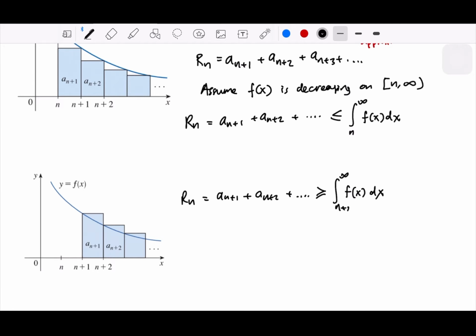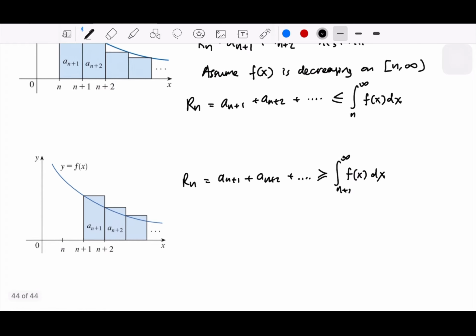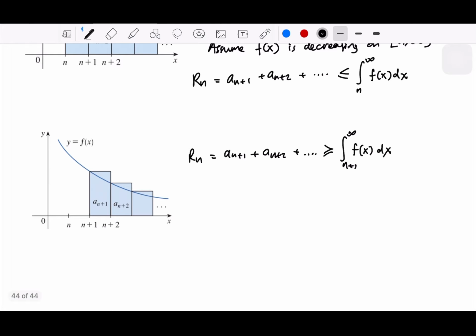Now from these two remainders, we can take a conclusion.